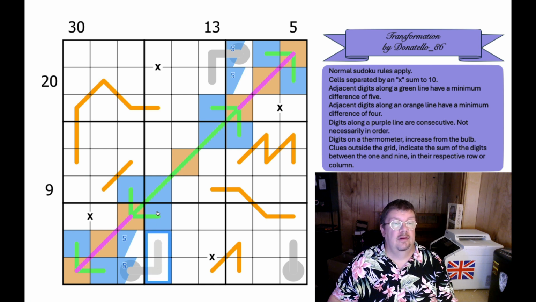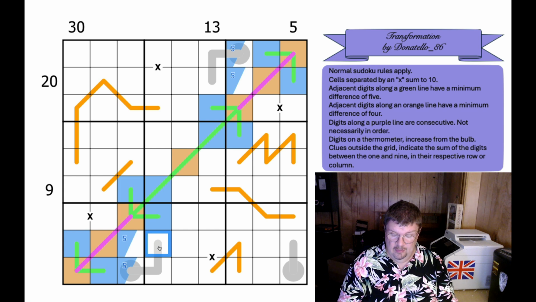But that would give us 4 lows in the column, and I can't do that. But if this were a 5, then that is not a 5, and this is a 5. But then I have 2 5s on the thermometer, and my thermometer is broken. So that is neither 5 nor low, and therefore must be high.